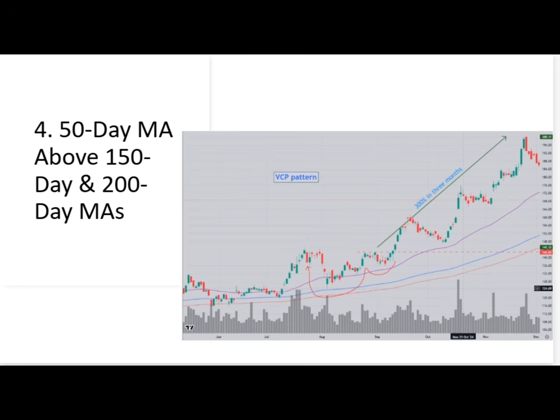Think of it as the market tipping its hand. Institutions often load up after this crossover. It's a strong visual confirmation that momentum has been building and it's picking up speed. So it's not only us, it's the institutions who value this crossover when the 50 MA goes above the 150 and the 200.